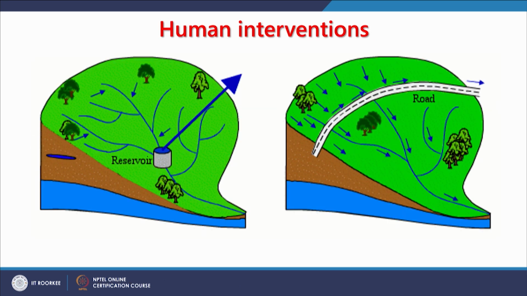There are some human interventions that can be done, similar to those in watershed management, like reservoirs and trenching, which you are seeing here, so that we are basically intercepting the flow of water. There are many other methods of improvement or management of watersheds, but I am giving just two examples here, because our discussion is on springs, not watershed management.